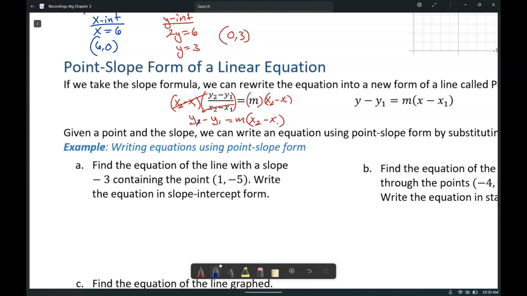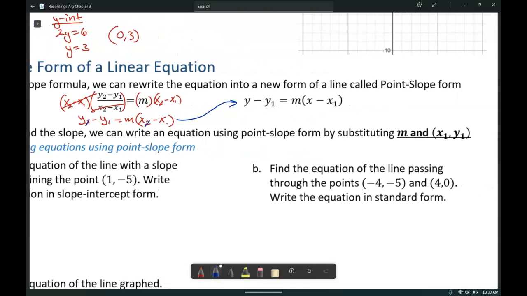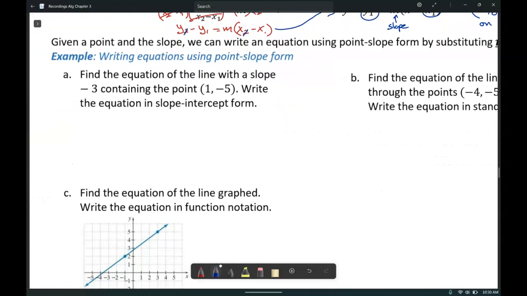Well, instead of y2 and x2, we have just any point x and y, and we get our point-slope form, where m represents the slope, just like in the slope-intercept form of our equation, and then y1 and x1 just represent any point on the line. And so this allows us to write an equation, and then we can rewrite the equation in any notation that we need to after that.